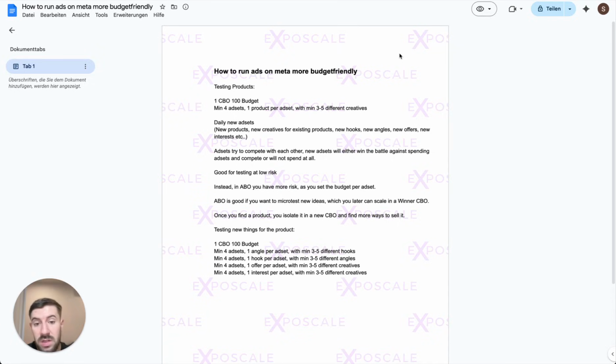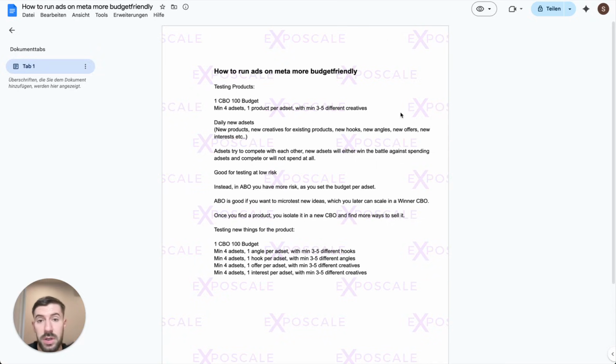Then you can test new hooks, new angles, new offers, and interests can also work really well. If you had a broad audience before, you want to test an interest which has some audience size. You don't want to test interests with a very low audience size. And if it picks up, great for you, because then you found a better angle for that product than you were using before.